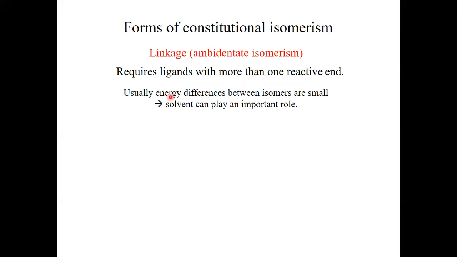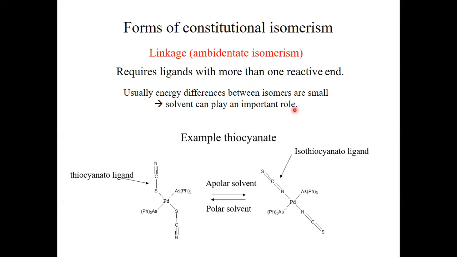isomer will form. So for instance, the solvent can play an important role, and here's an example for this. So the thiocyanate can make linkage isomerism because it can either bind with the sulfur or with the nitrogen to a metal cation. In this example here, it is the palladium.